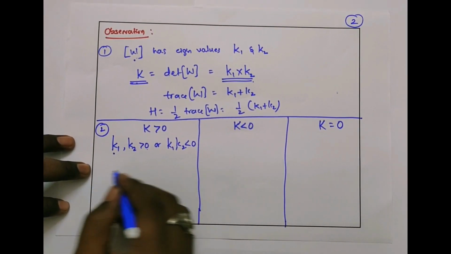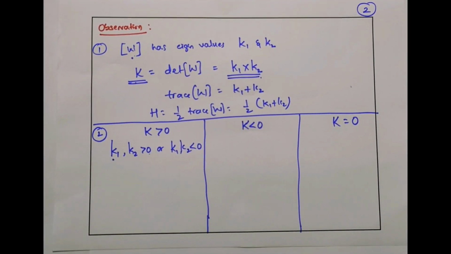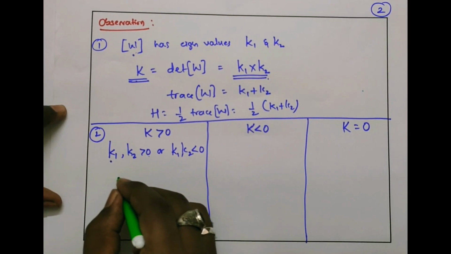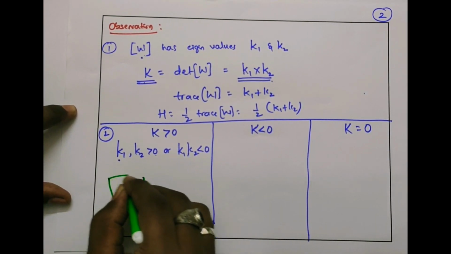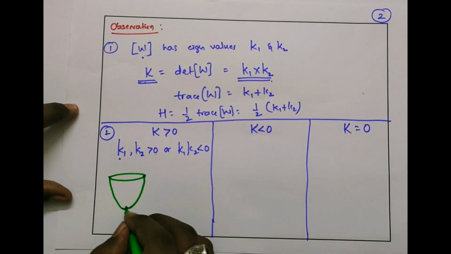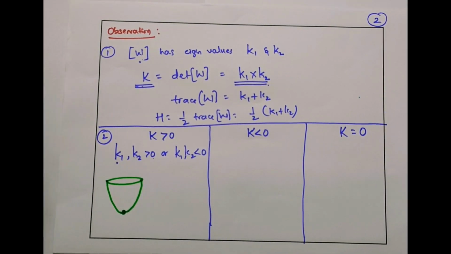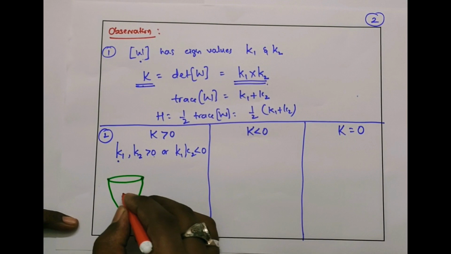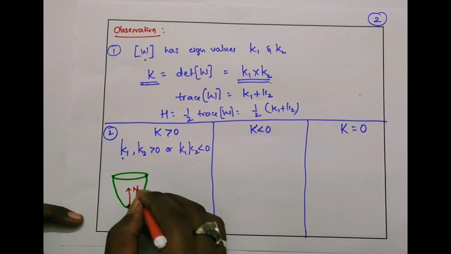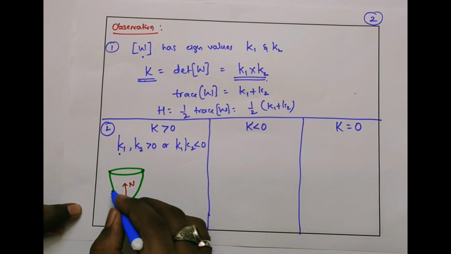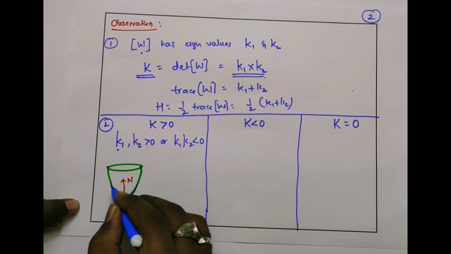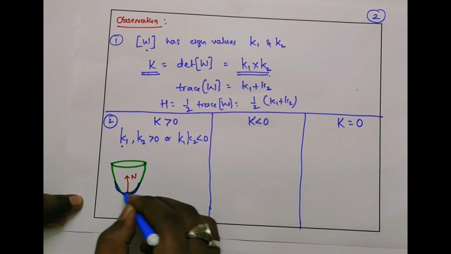Say for example, if you look at a surface of this type and consider this particular point, and then observe the normal here. Suppose this is your normal and this is your considered point. Here it is like bulging up towards the normal.